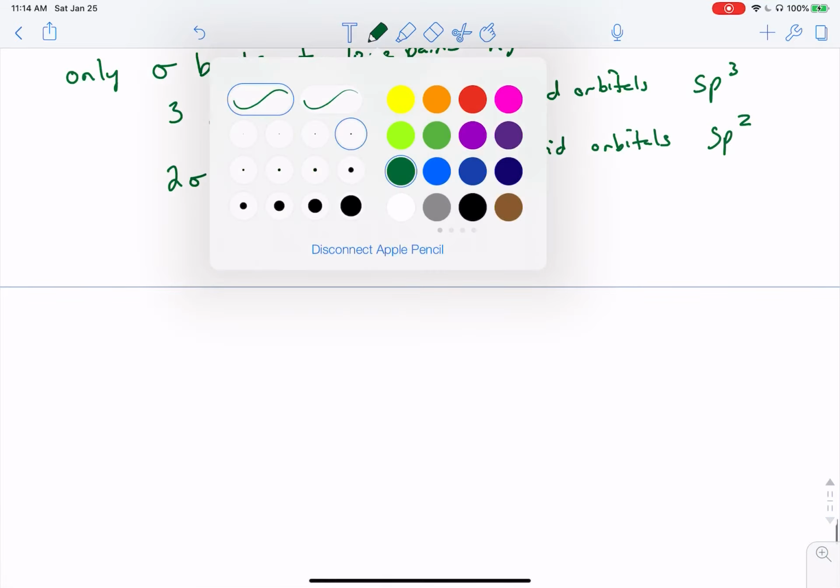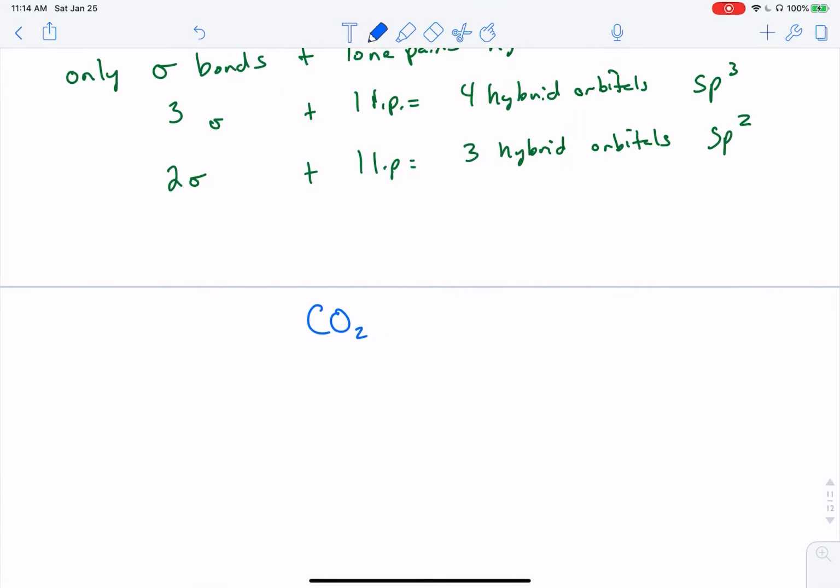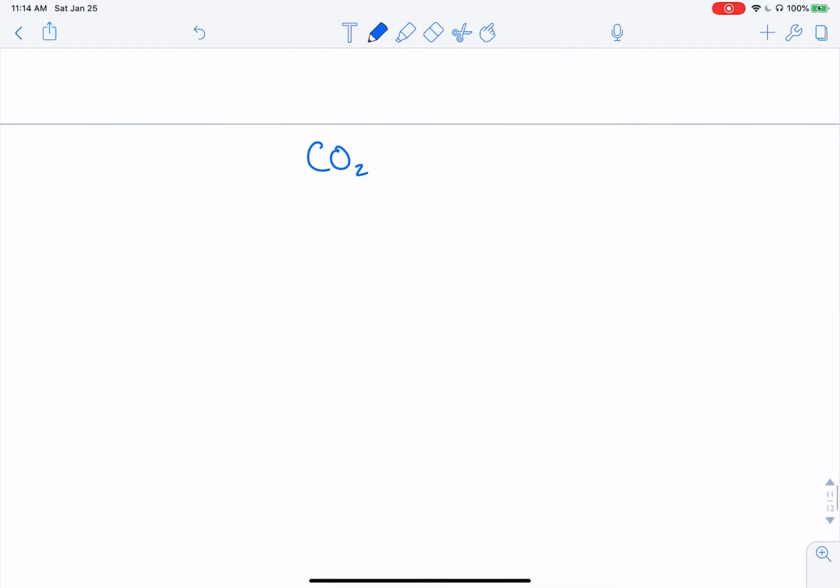Now, the idea is, for example, CO2. We talked about CO2 earlier. It looks like this. Okay. So this carbon, how many sigma bonds does it have? 2. Because each carbon-oxygen has 1 sigma bond. And how many pi bonds do you have? 2. Okay.